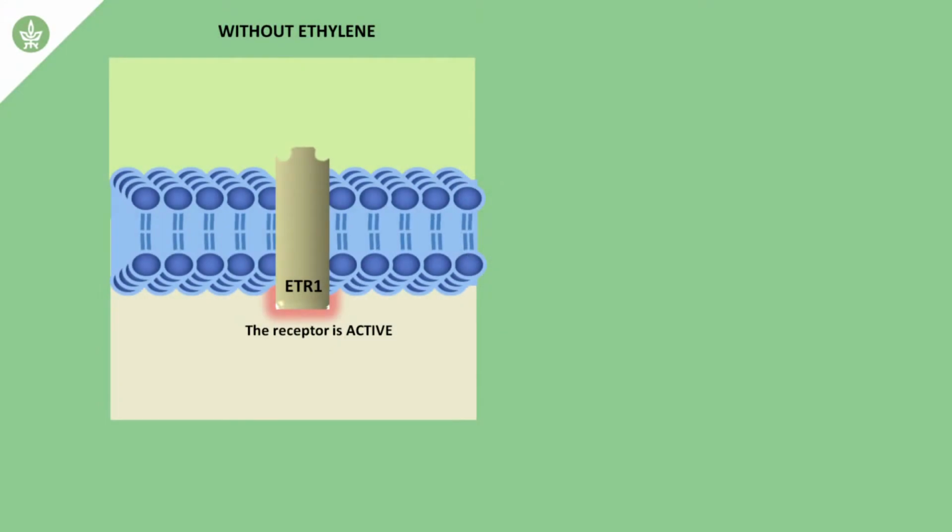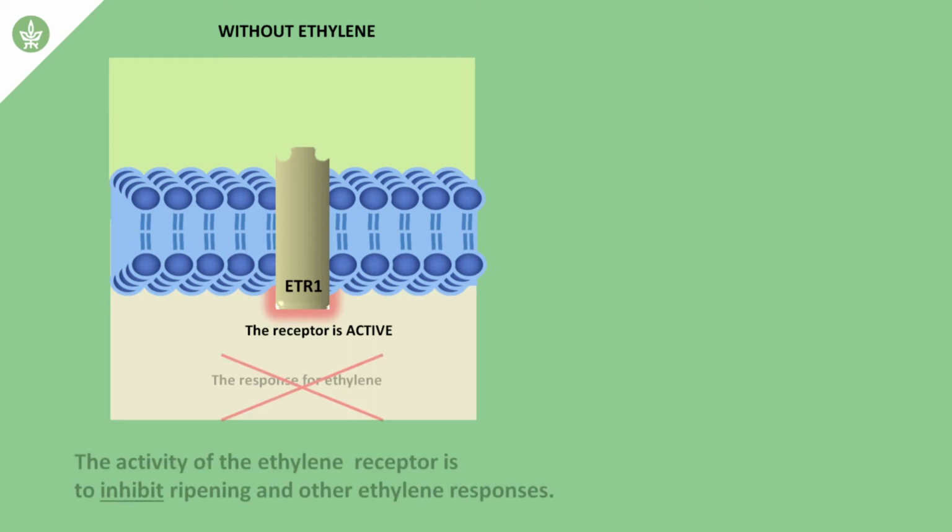So I want to go more in depth on how this ethylene is being sensed by the receptor and what it's doing to the cell. Now I'll go through this a couple of times because it can be a little complex. As I said, the ethylene receptor is sitting in the cell membrane, communicating information into the cell. Now in the absence of ethylene, these receptors are on, they're active, but their activity is something negative. I'll say this again.